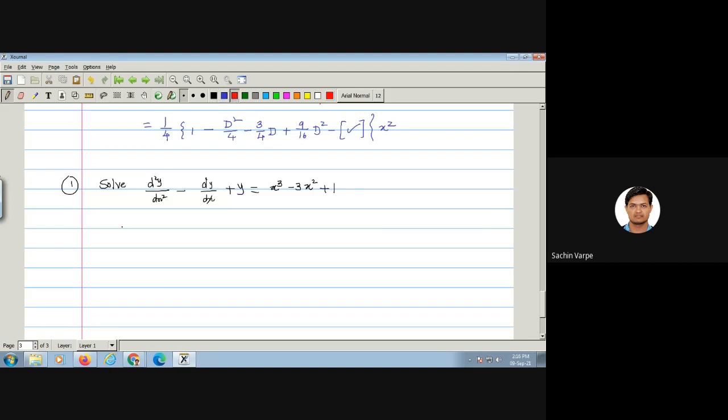So without loss of time, I hope everyone is now confident about the complementary function. Here the auxiliary equation is D square minus D plus 1 equals 0. So what are the roots here?